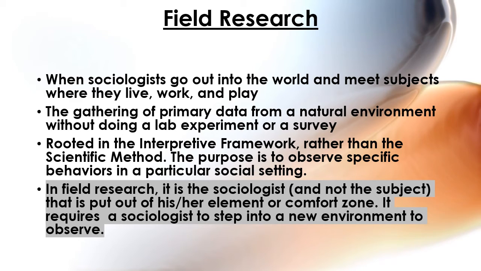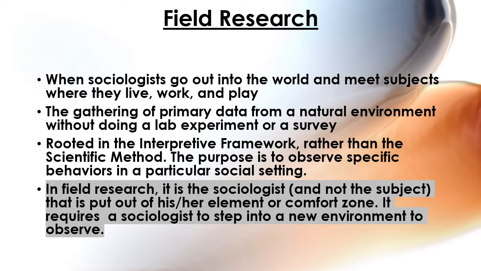Now we're going to turn to our second research method, which is field research. Simply stated, field research takes place when sociologists go out into the world. They go and meet subjects where they live, where they work, where they play. Researchers gather their primary data from the social group's natural environment without needing to perform an experiment in the lab or conduct a survey.